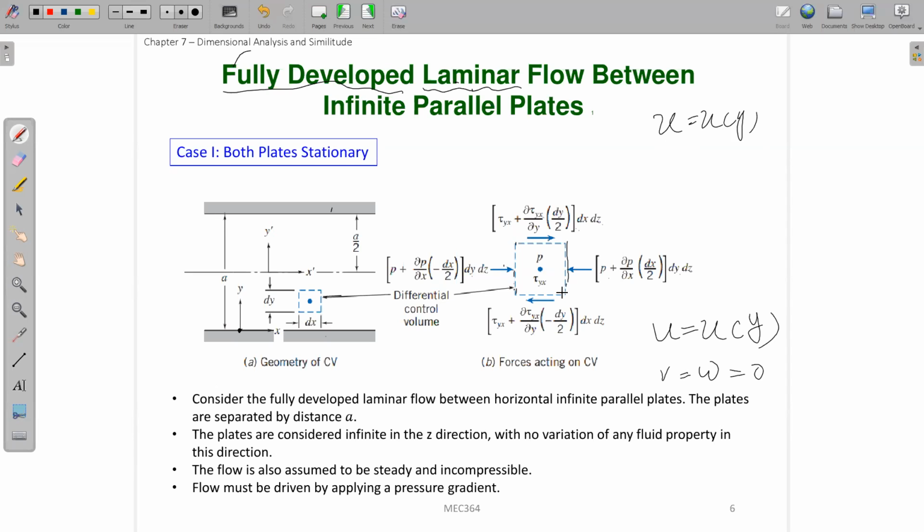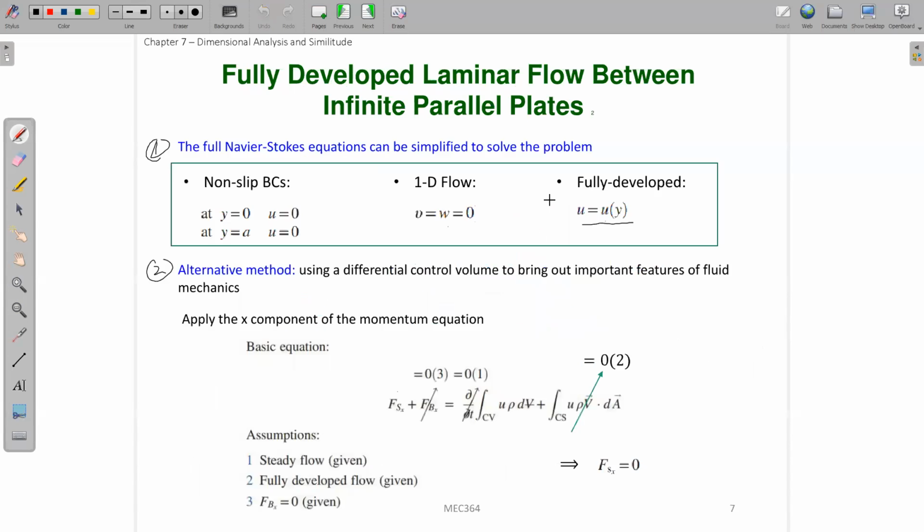And because the flow is also incompressible, the momentum flowing in on the left hand side will be equal to the momentum flowing out on the right, because the velocity profile is the same, and this area is also the same. So in this way, the last term is also 0. This is due to the fully developed flow.